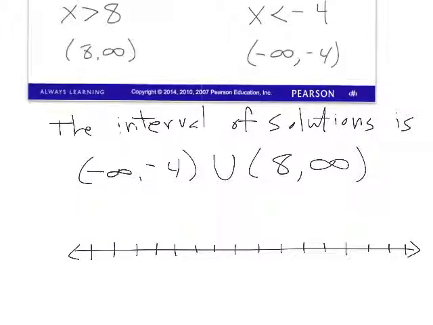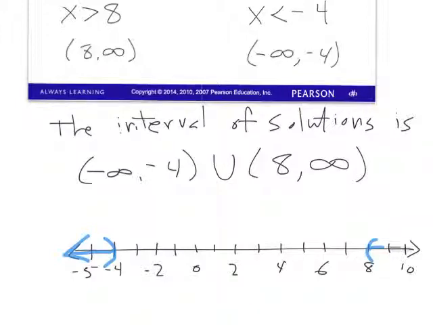So if I were to highlight a solution, it would be negative infinity to negative 4, or anything from 8 to positive infinity. So that's how you would graph the solution set.